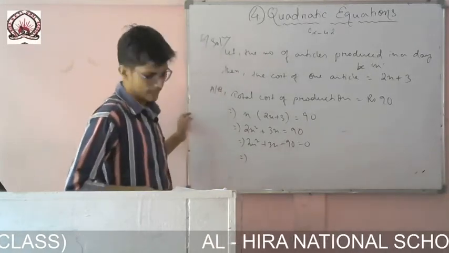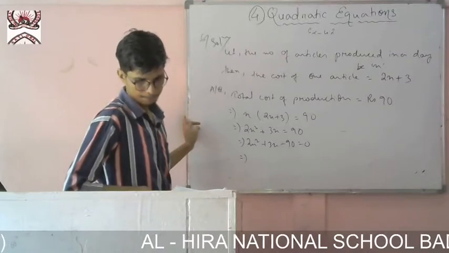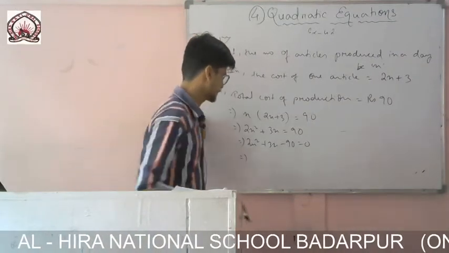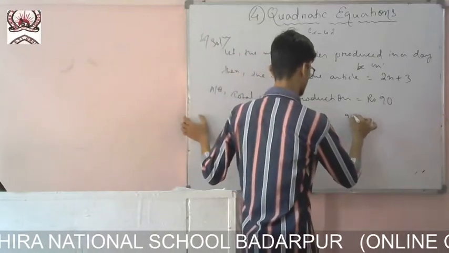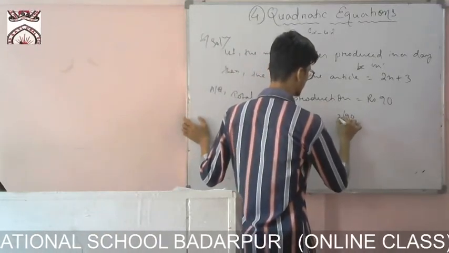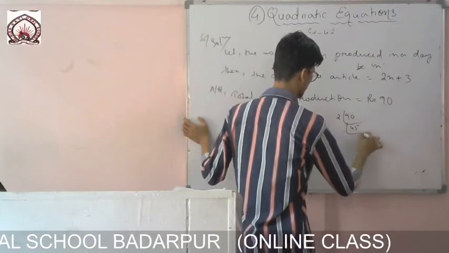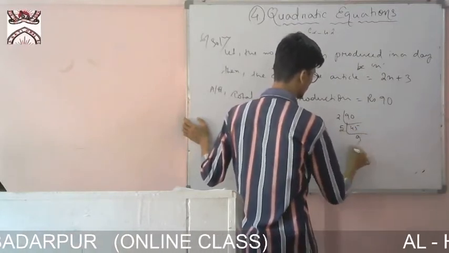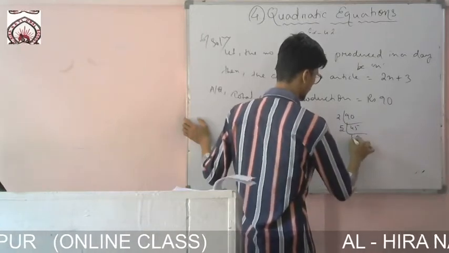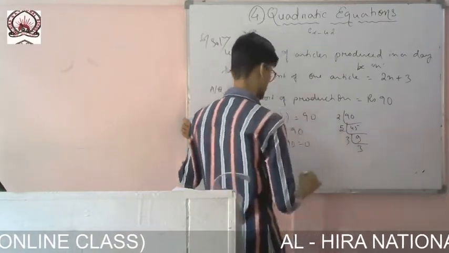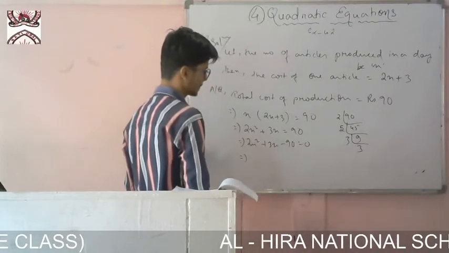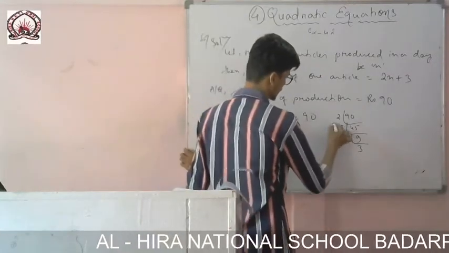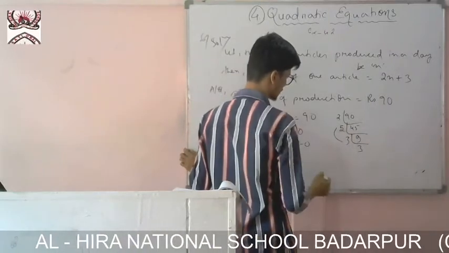Now we need to split the middle term using 90. Let me write 90: 2 45s are 90, then 5 9s are 45, 3 3s are 9, so it should come 3. 5 3s are 15 and 3 2s are 6, so it is not coming.